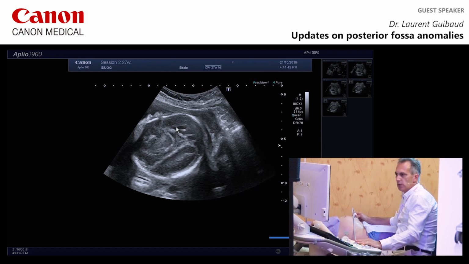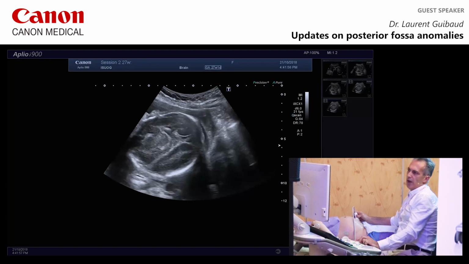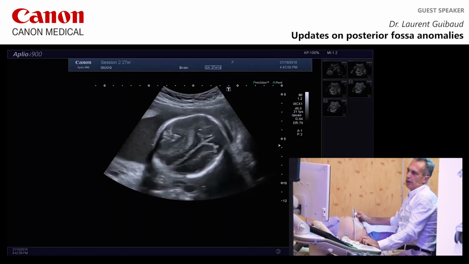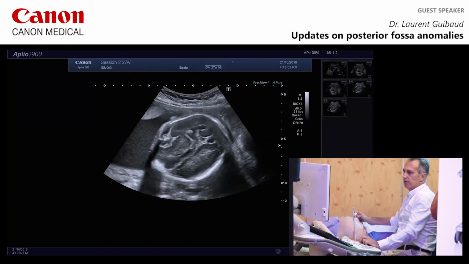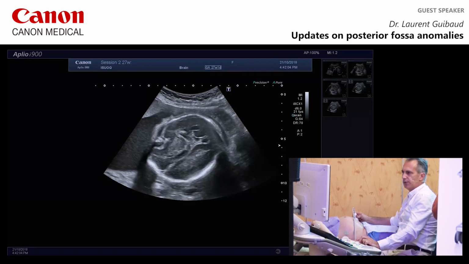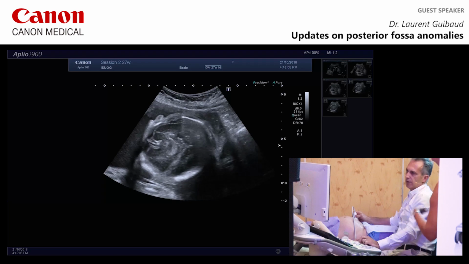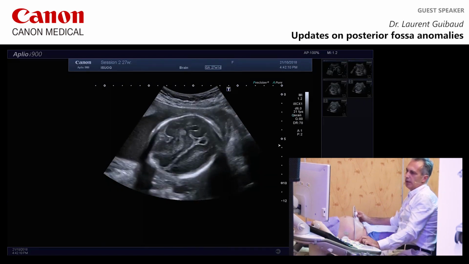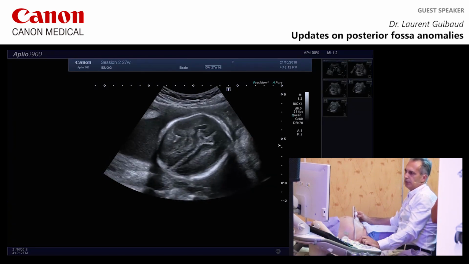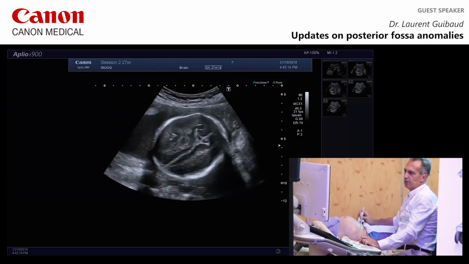You can also see some nodularity when you have subependymal heterotopia. So this view is really of help when you are examining the fetal brain. For sure, it's not routine, but when you are with an expert in the fetal brain, I think it's a very interesting view to have this kind of information.